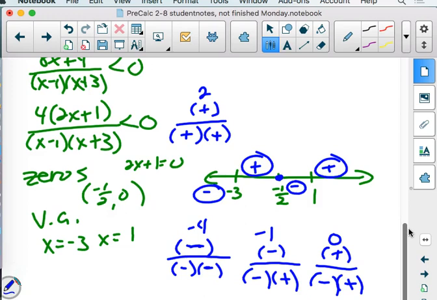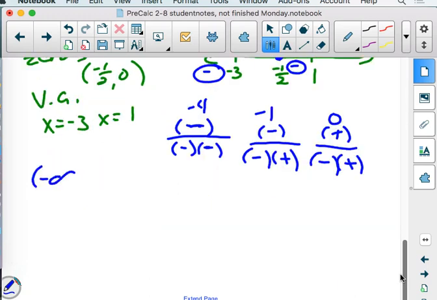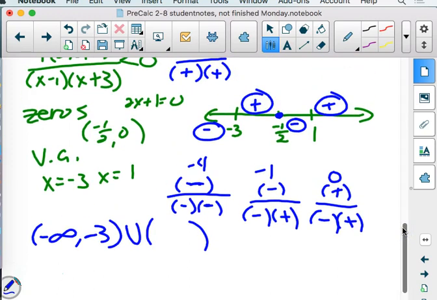No, we're not going to include endpoints again. So, where are we less than 0? Union with, do we have another negative part? Where to where? Negative 1/2 to 1.